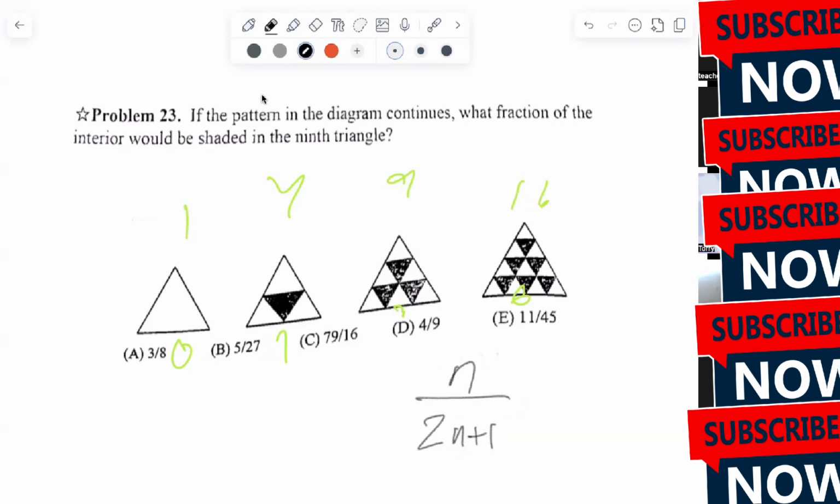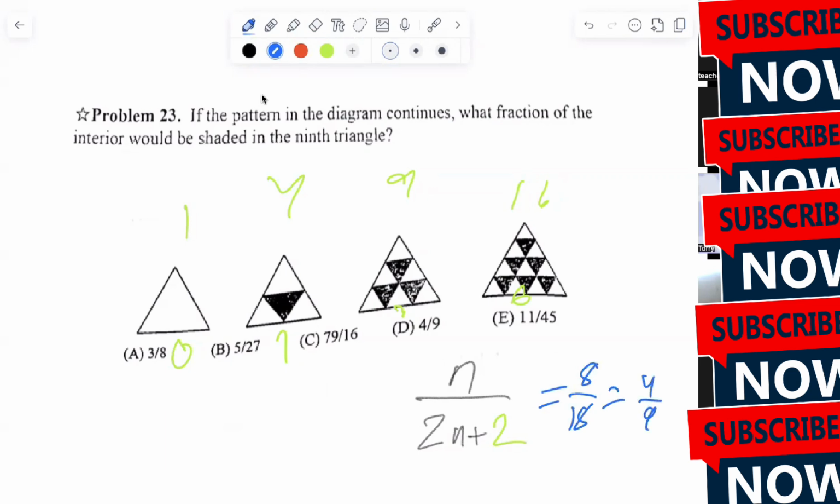Still needs adjustment. The denominator is n squared, so maybe n plus 1 over 2n, oh, maybe 2n plus 2. Sorry. From there, you get n divided by 2n plus 2. Plug in the 8, and you get 8 divided by 18, which is equal to 4 divided by 9.